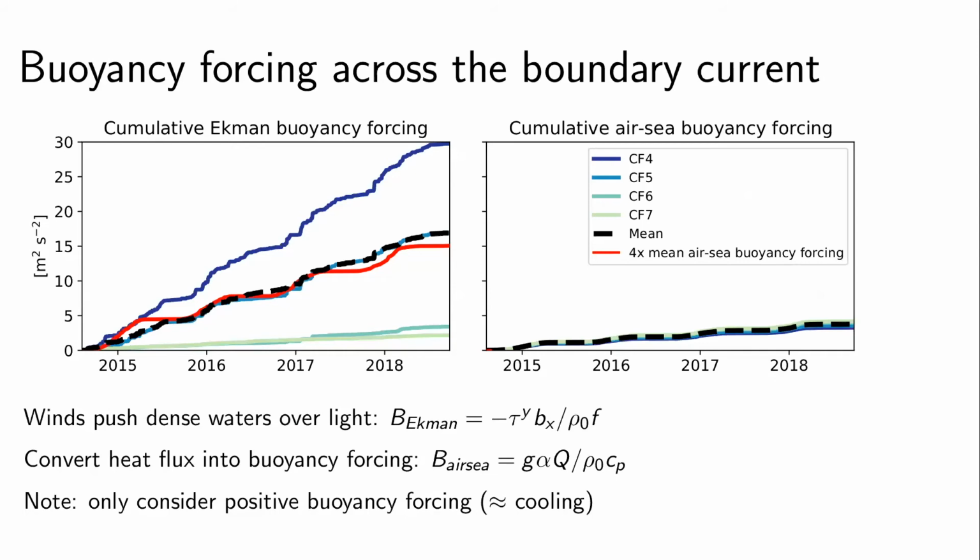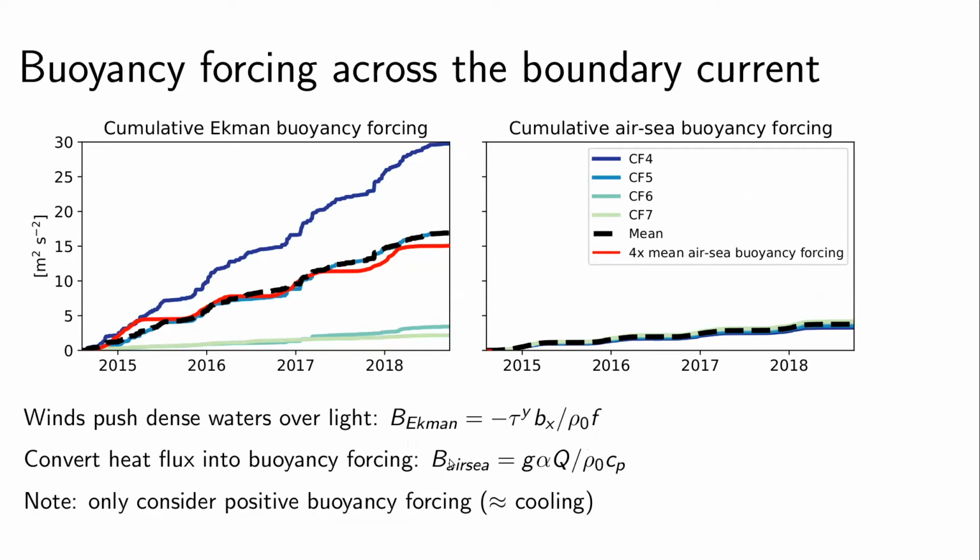Okay, so one thing we can do is quantify how big this forcing is compared to the air-sea buoyancy forcing. So this Ekman buoyancy forcing from the downfront winds can be quantified using the wind stress that's along the front, the buoyancy gradient across the front, and then normalized by some constants.